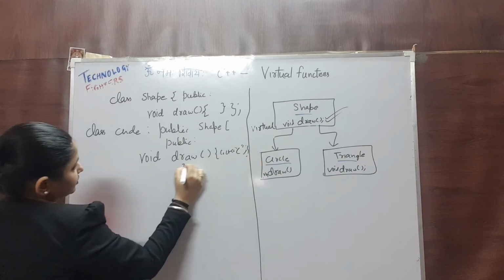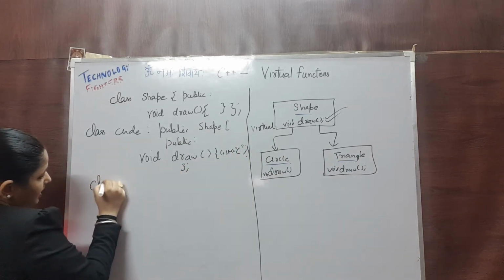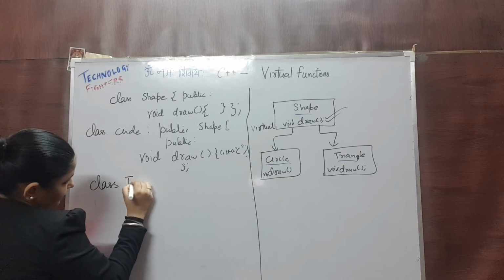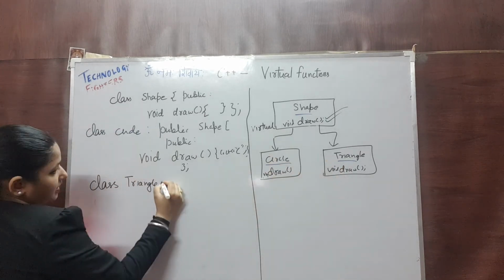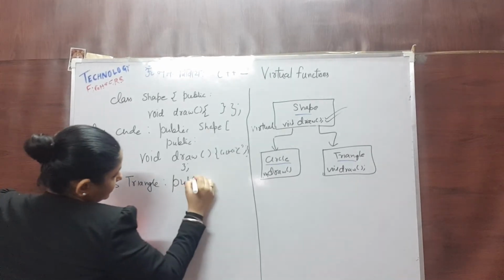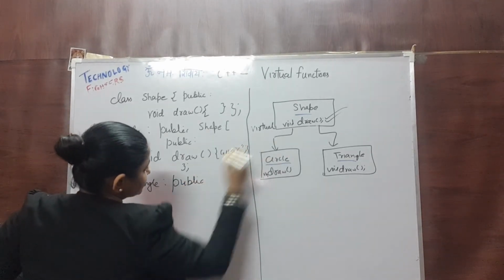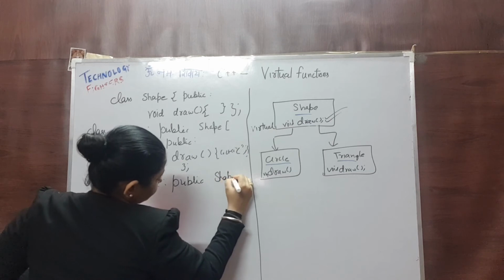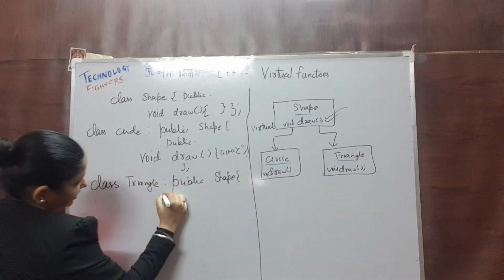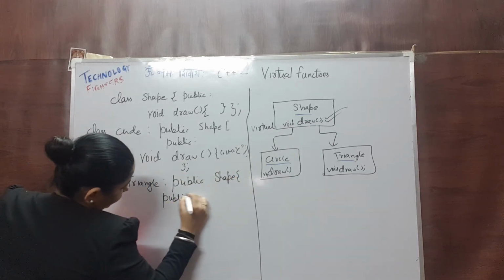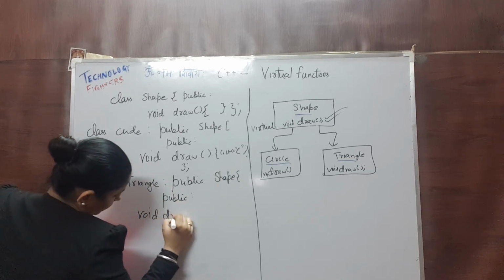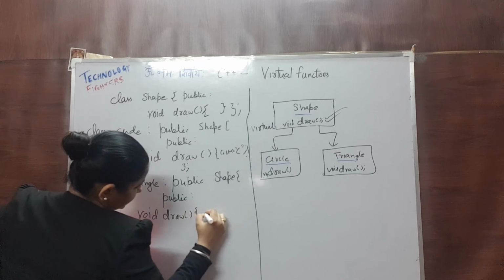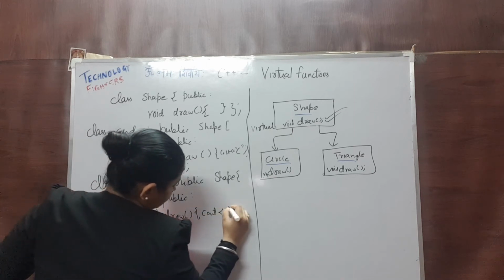Now this class is closed. Again we have class Triangle. In public mode, I am inheriting class Shape. In the public section, again I have void draw and its definition is cout Triangle.